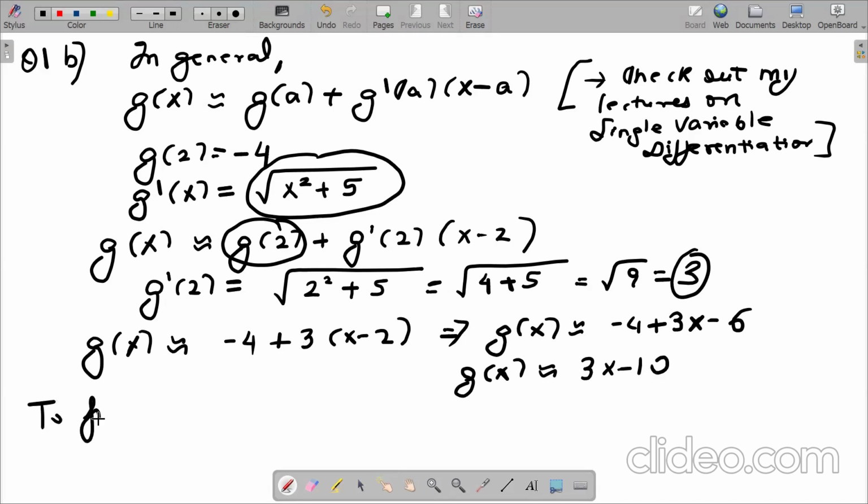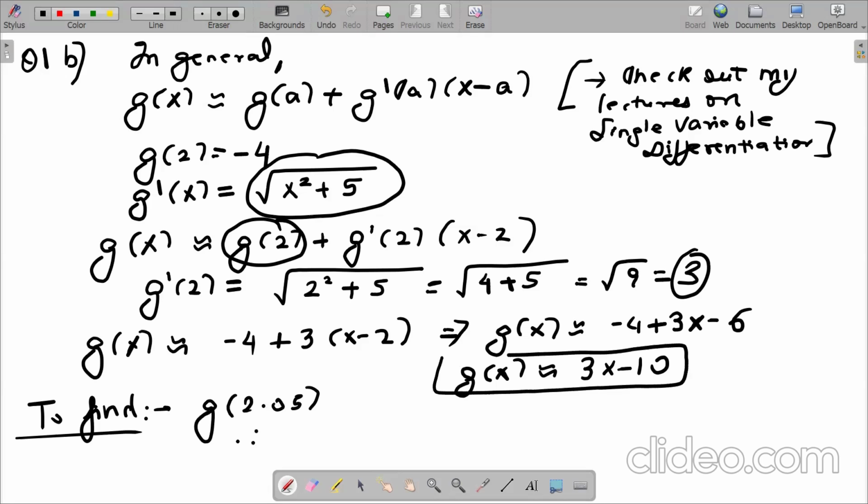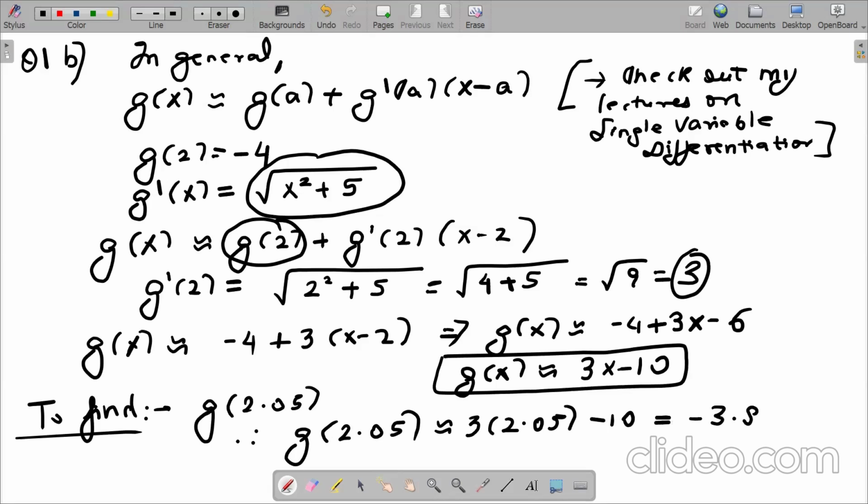Now what do I need to find? I need to find the approximate value of g of 2.05. So g of x is approximately 3x minus 10. So g of 2.05 will approximately be 3 times 2.05 minus 10, which comes out as negative 3.85.